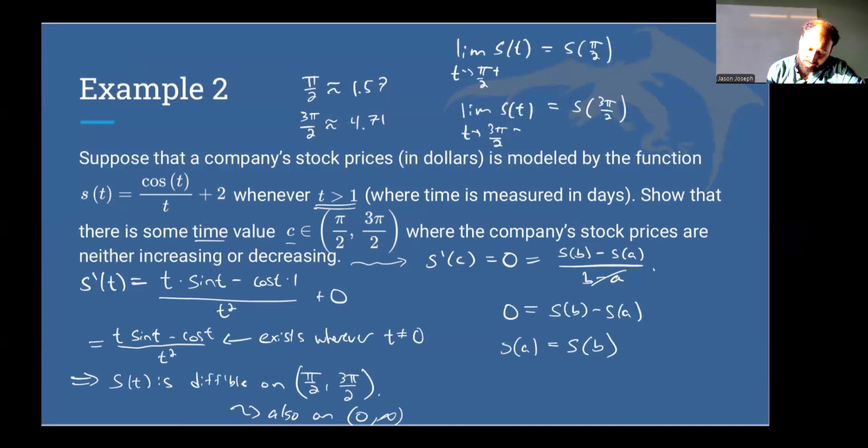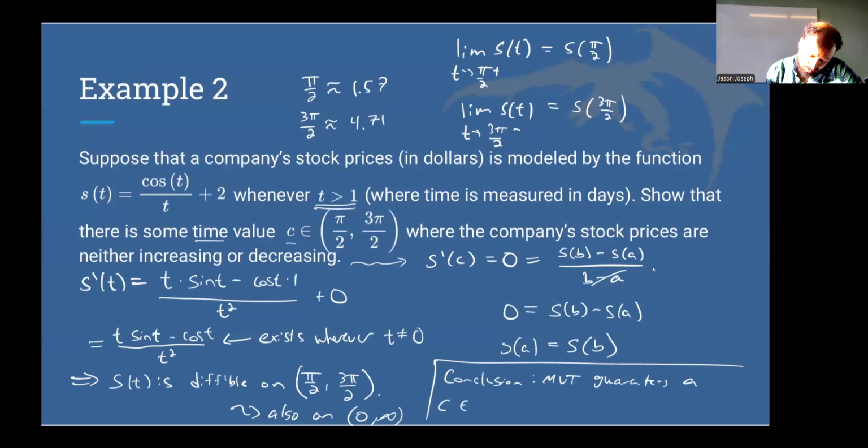And so MVT guarantees a c value in that interval where S prime of c is equal to 0. That doesn't tell me what it is, but it tells me that it exists.